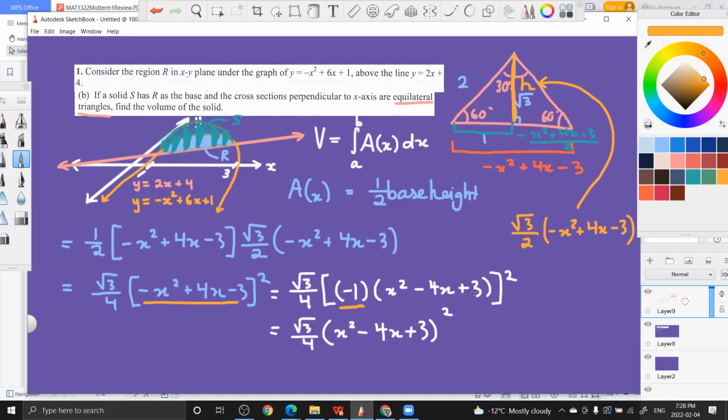Is that better? Yeah. So -1 to the power of 2 is 1. So you square it, and then it just disappears. Yep. Okay, seems like you guys get it.